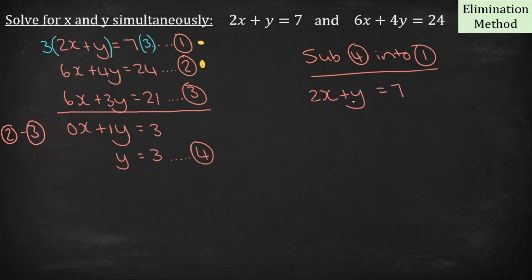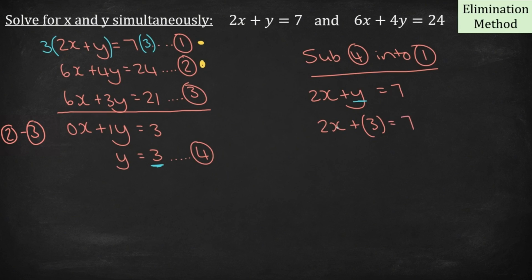So for every y that you see, you have to substitute it with 3. Okay, so I'm going to write 2x plus, now instead of y, I'm going to write 3, and I'm going to write it in brackets. Remember, I said make it a habit to write your substituted part in brackets, especially later on when you encounter more complicated substitutions. And that equals 7.